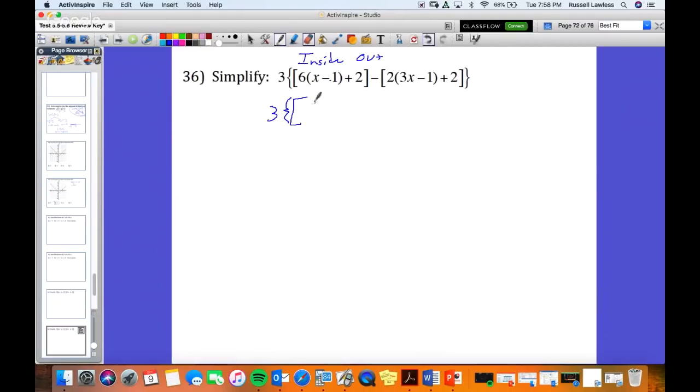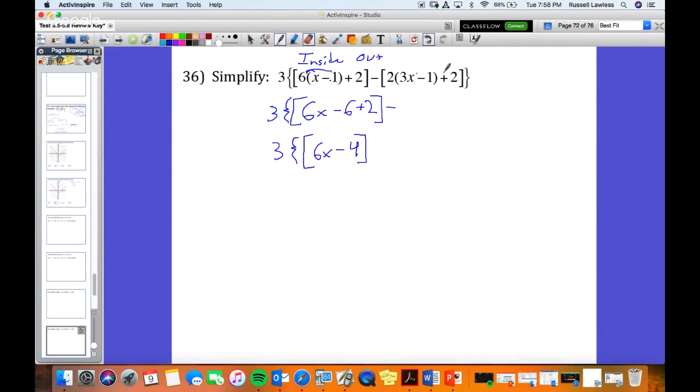It does. That'll give us 6x minus 6, which I got through distributing, plus 2. Right now, I'm just working on this left one. And so then that will essentially simplify to 6x minus 4.